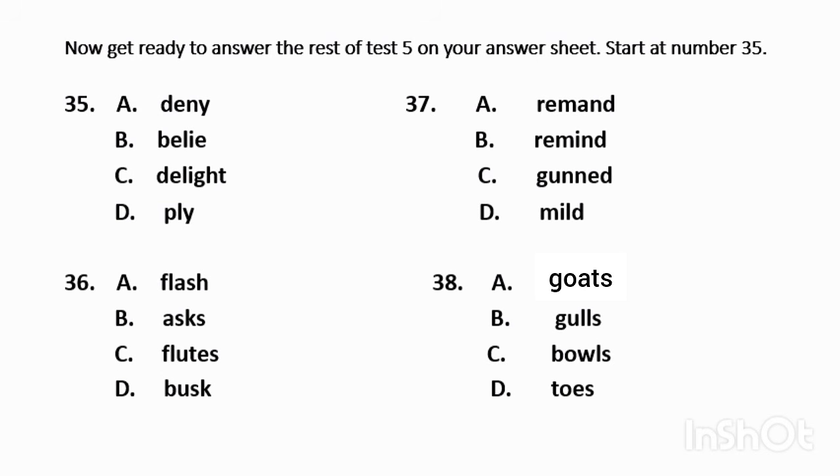Now, get ready to answer the rest of test 5 on your answer sheet. Start at number 35. Number 35. Belie. Number 36. Flasks. Number 37. Reprimand.